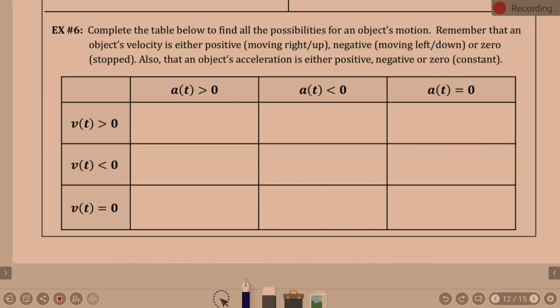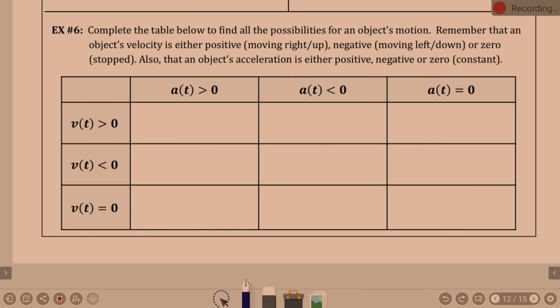Number 6, it talks about there's a table below to find all the possibilities for an object's motion. Remember, an object's velocity is either positive, which means the particle is moving right or up, negative is moving left or down, or 0, which is stopped. Also, the object's acceleration is either positive, negative, or 0, which is back to that constant. So, go through this real quick with you.